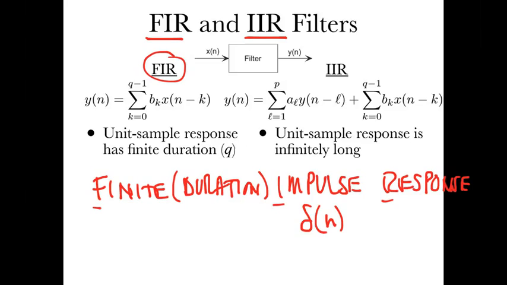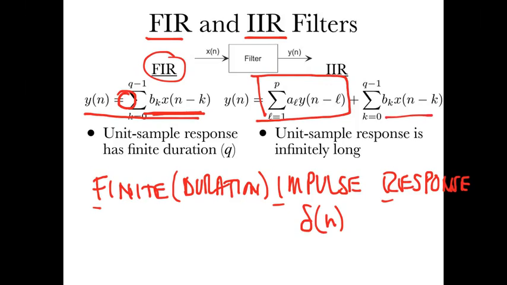And so what that means, as we've seen, is that the difference equation has no terms that depend on previous outputs. It only consists of terms that add together previous input values. When you have a difference equation that's a little bit more general, that includes those output values in addition to the input values, we know that the unit sample response, as we've seen in our example, is infinitely long.